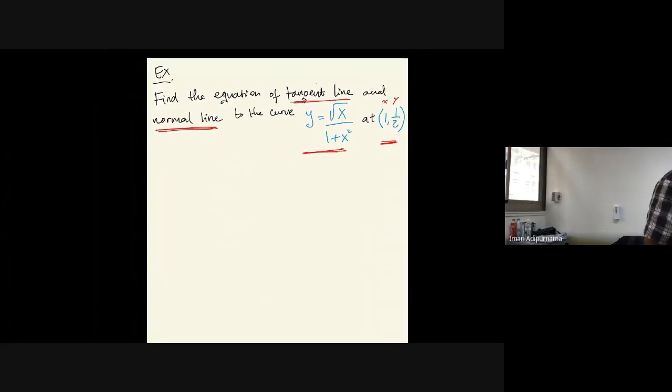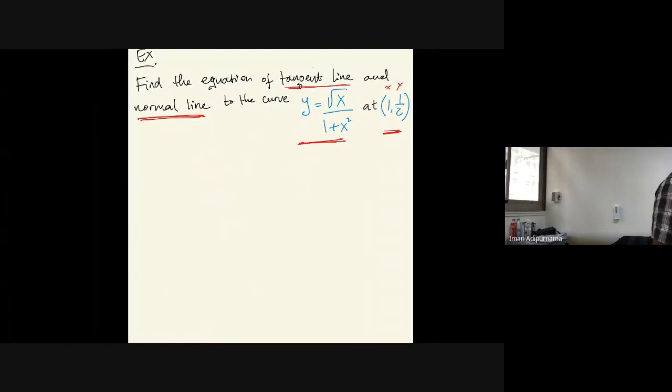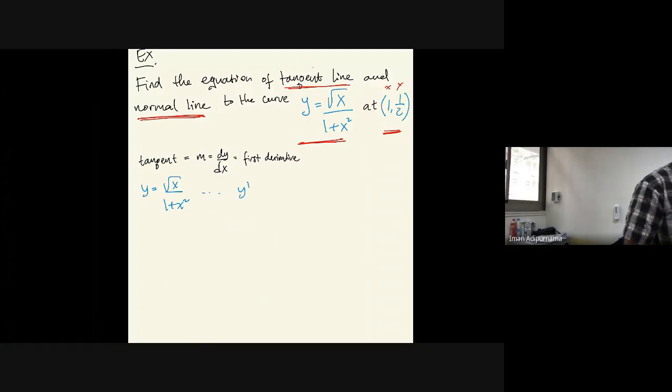Okay. First, we need to make sure that you know what the tangent means. So tangent means the gradient or dy/dx, meaning this is the first derivative. So you need to find your y prime or dy/dx.